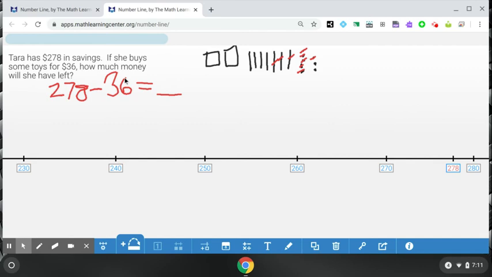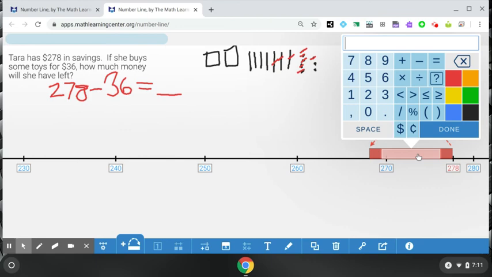And then I need to take away 36, so I need 3 jumps of 10. So here we go. If I take away this first jump of 10, I know that if I'm at 78, I need to go 10 less. So 10 less than 78 is 68, which would be just about here.